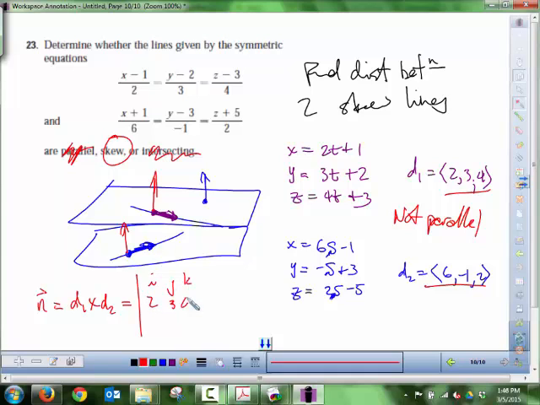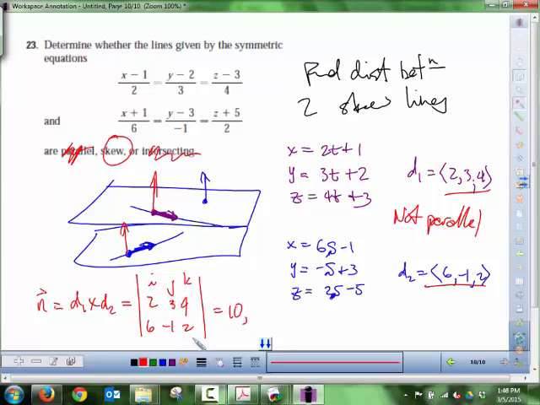So 2, 3, 4, 6 minus 1, 2. And in the I direction, I get 6 plus 4 is 10. In my J direction, I get negative 4 minus 24. Right?